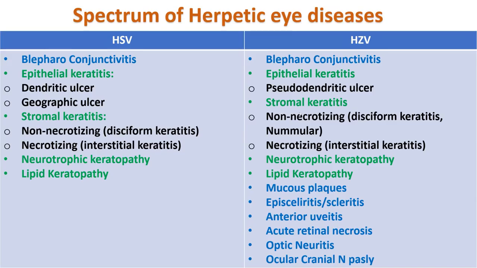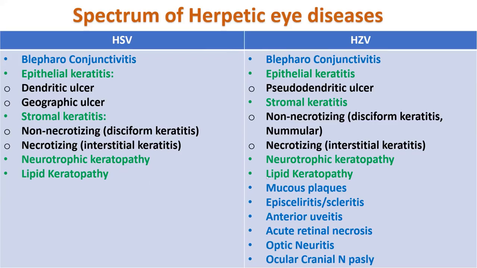And herpes zoster also will cause nummular keratopathy. The necrotizing form can also be present in the form of interstitial keratitis. Both of them can cause neurotrophic keratopathy because it is a virus that involves the nerves. So it can cause denervation of the cornea, and can cause lipid keratopathy.